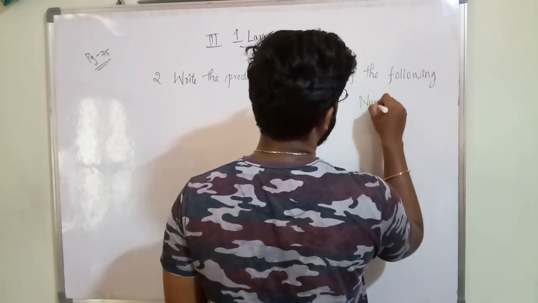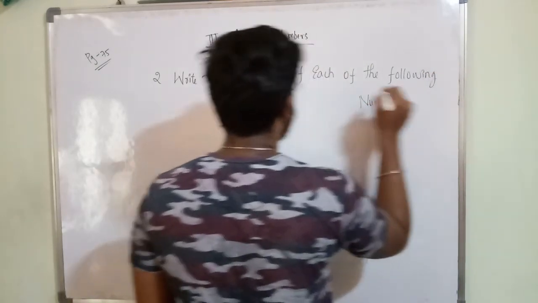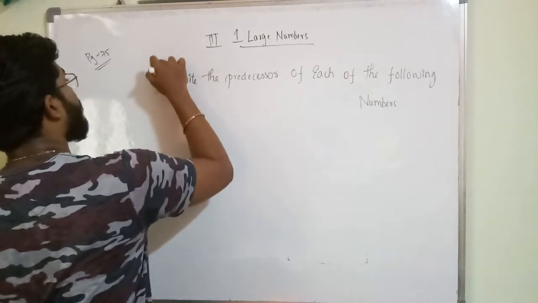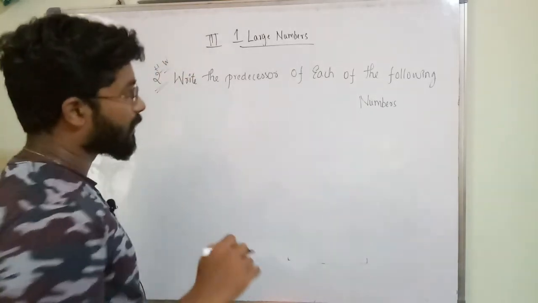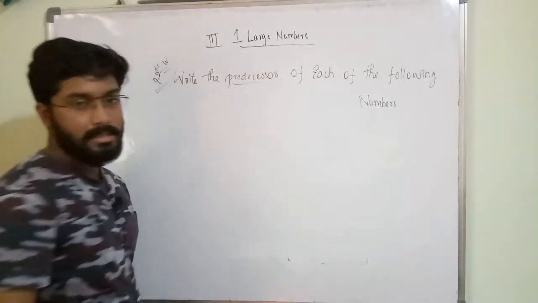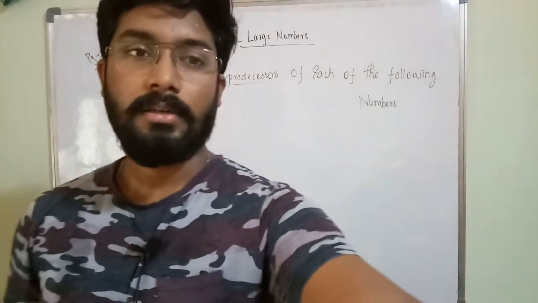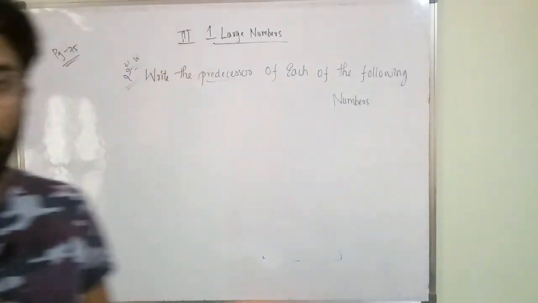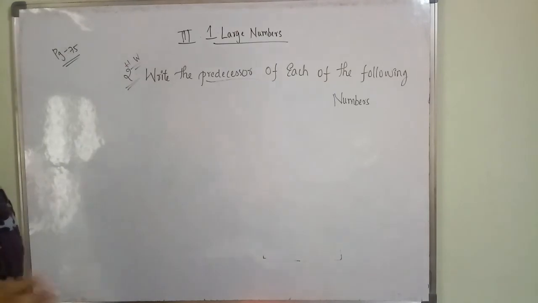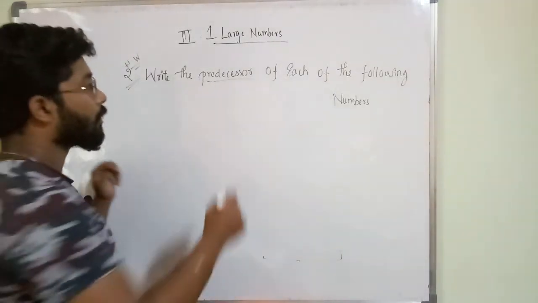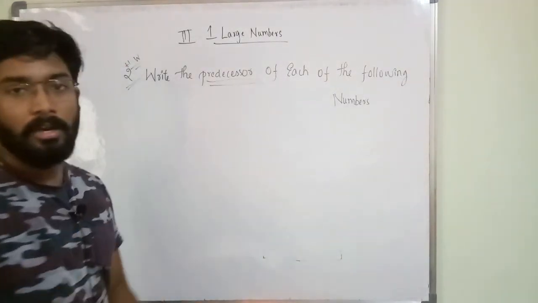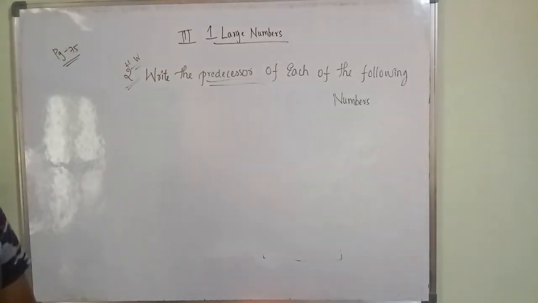So this second bit is homework for you. I said how to find the successors. Successors means next numbers, no? So you have to do +1. After numbers means you have to do +1. Here predecessor means before number. To get the before number you have to do -1. So this is for your homework.